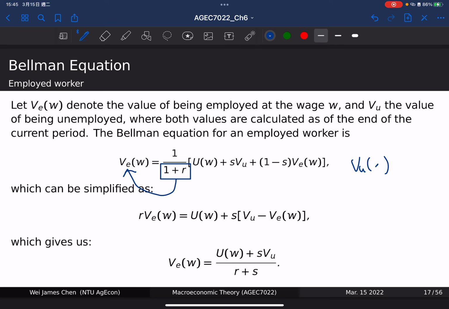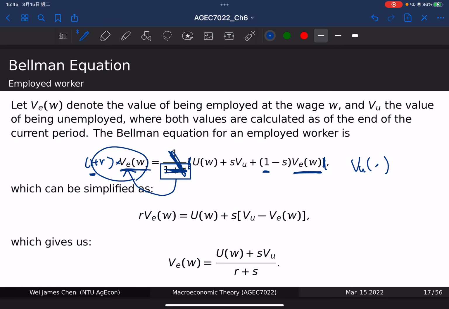Then we will have 1 plus R times VE of W, right? After I move out this bracket, it doesn't really matter. You see here I have 1 times VE of W, and here I also have 1 times VE of W. So you can cross out both the left-hand side and the right-hand side.